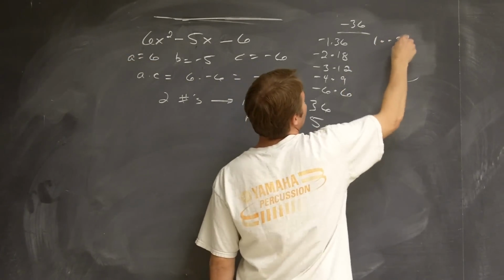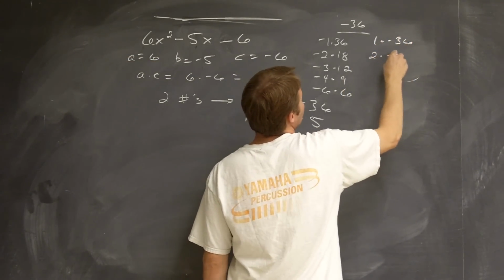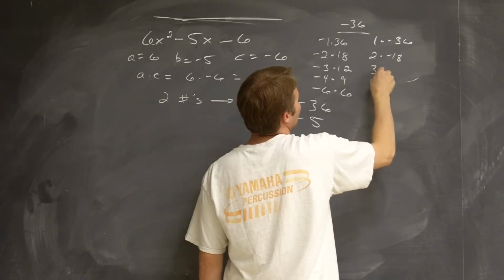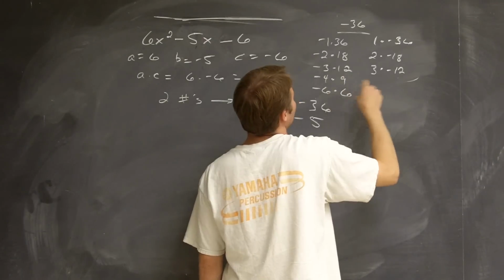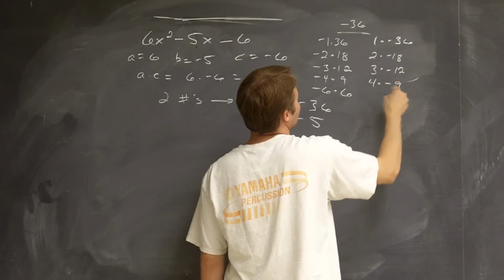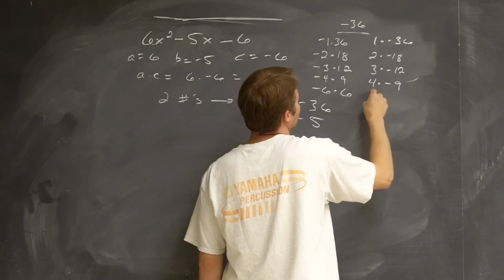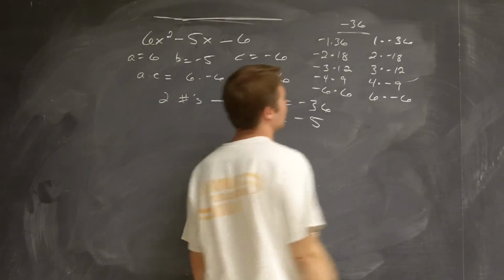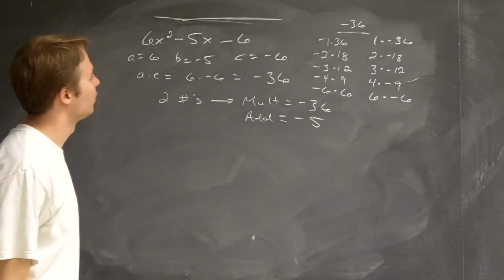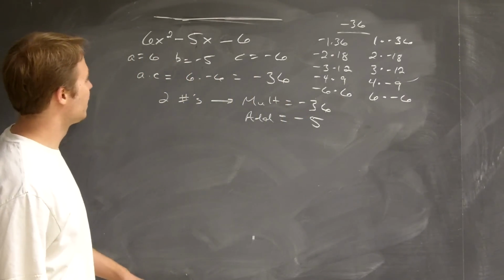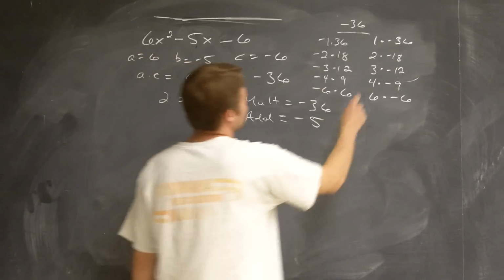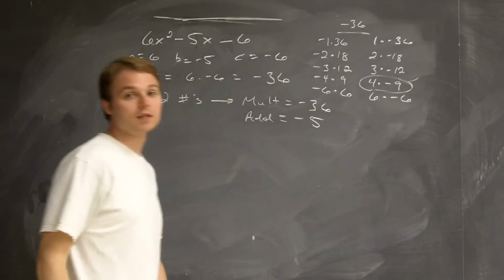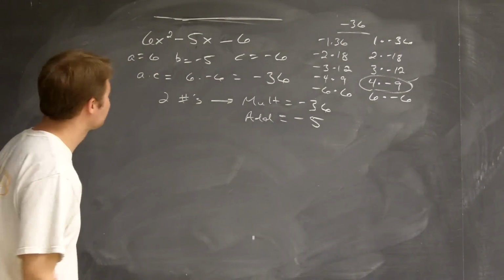So 1 times negative 36, 2 times negative 18, 3 times negative 12, 4 times negative 9, and then 6 times negative 6. So the opposites of all of those. And it turns out the two that add to get negative 5 are 4 and negative 9. So those are the two I want to use.